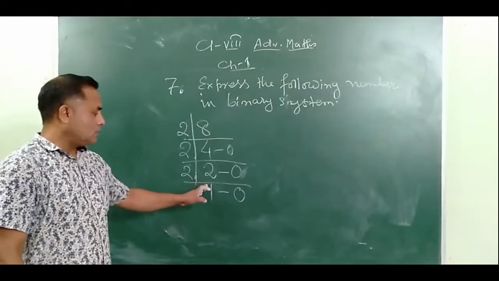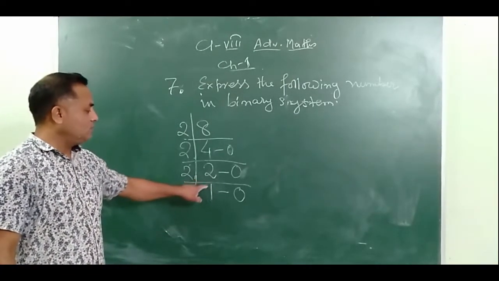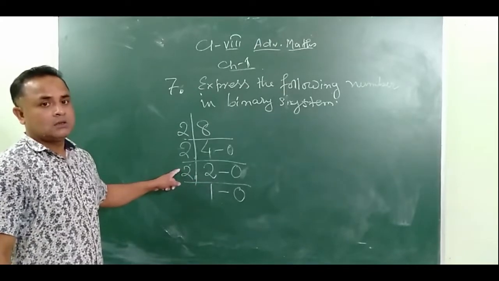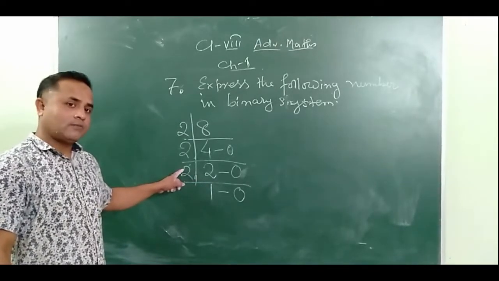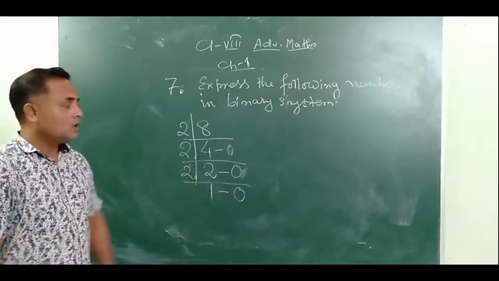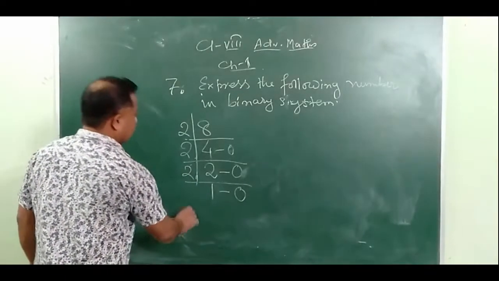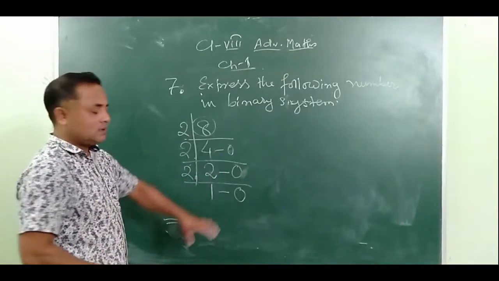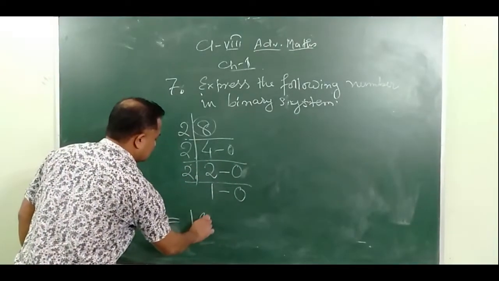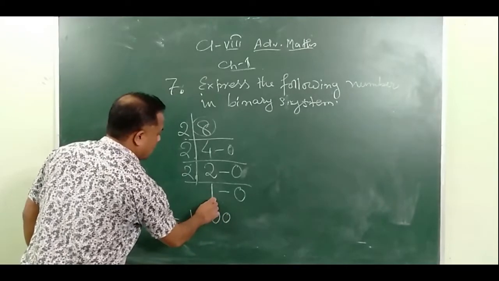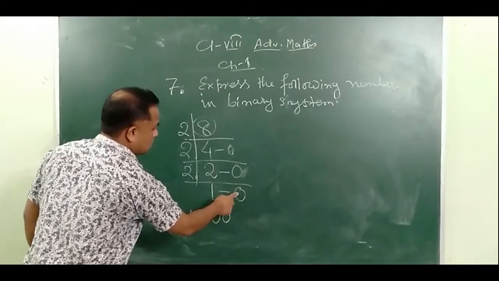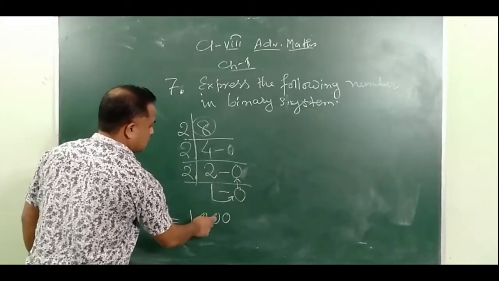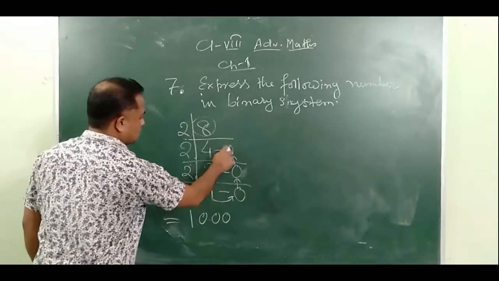We will not divide further because this dividend is smaller than the divisor, so we will stop here. So when I turn this 8 into binary, what is the answer? 1 0 0 0.